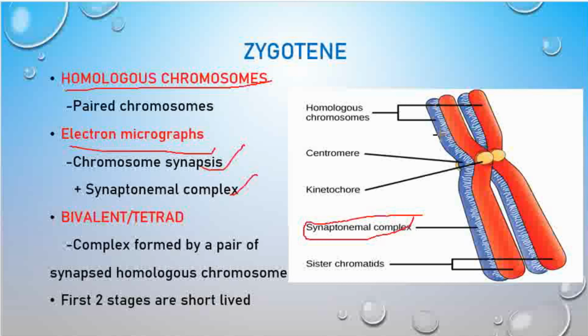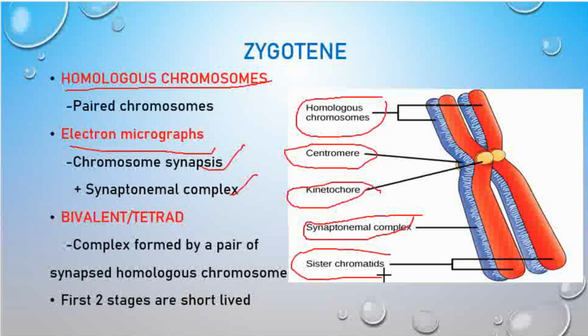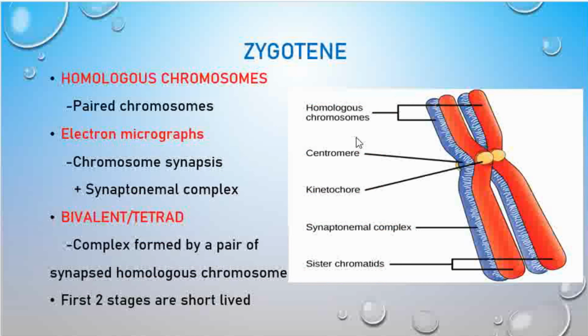You can see the 2 homologous chromosomes having the centromere and the kinetochore with the sister chromatids. They form a complex, which we call a synaptonemal complex. What you call a bivalent or a tetrad is a complex formed by a pair of synapsed homologous chromosomes. So this is about the zygotene stage.